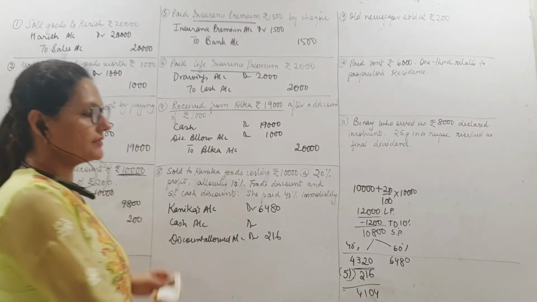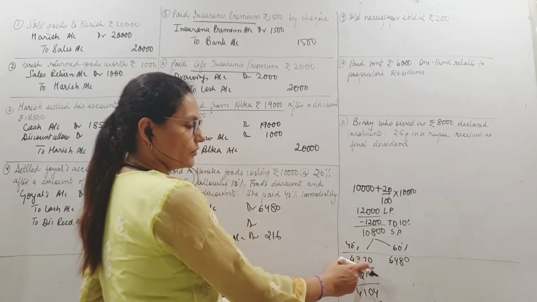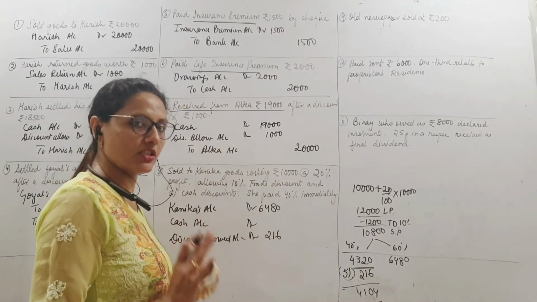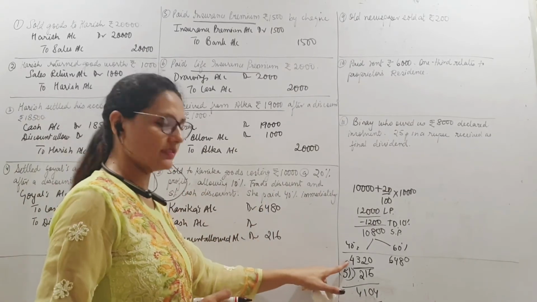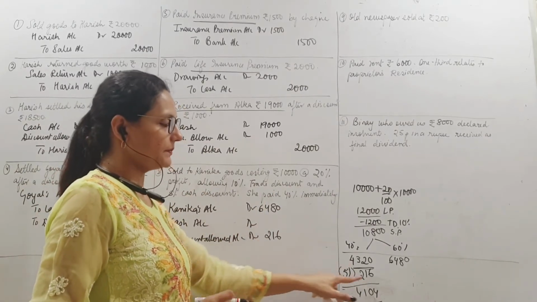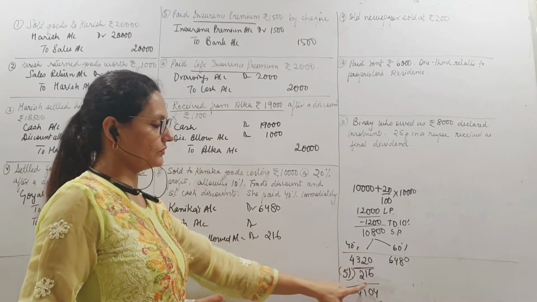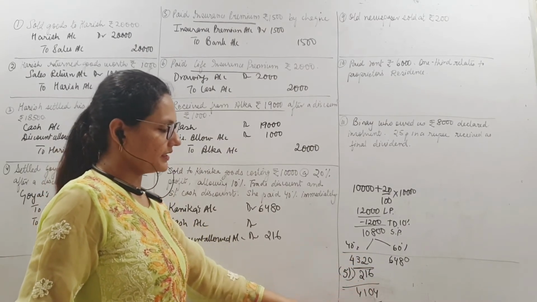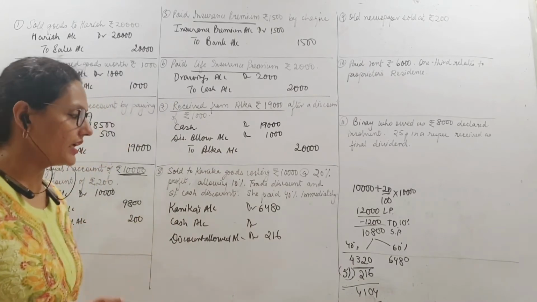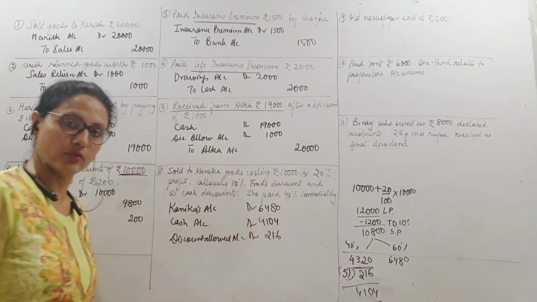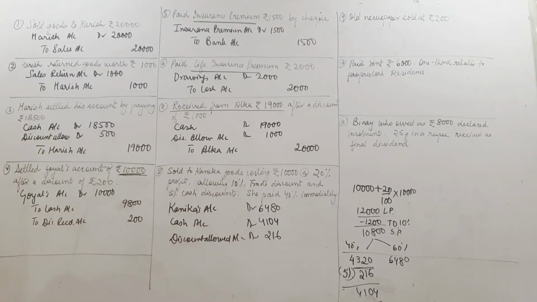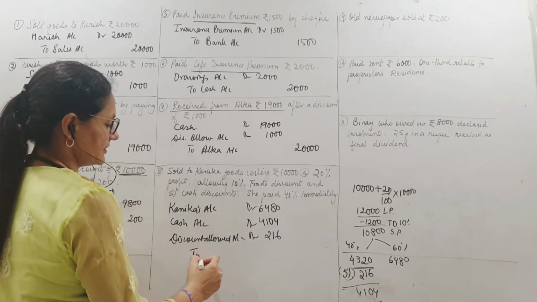Because 40% of 10,800 is 4320. Right? This is what she is supposed to pay me. But since I am giving her a 5% cash discount on this amount, I will subtract the 5% discount on 4320, 216 from this, and I will receive only 4104. Okay? Then we credit sales account.